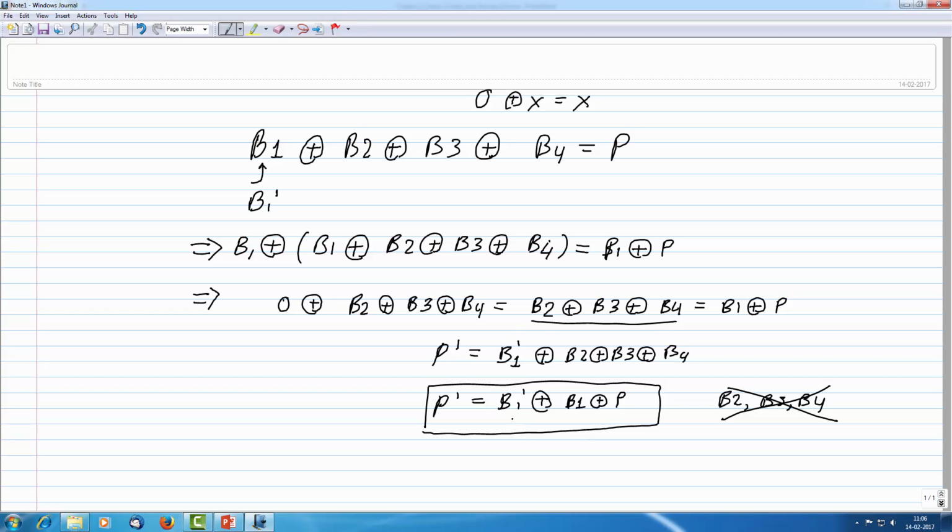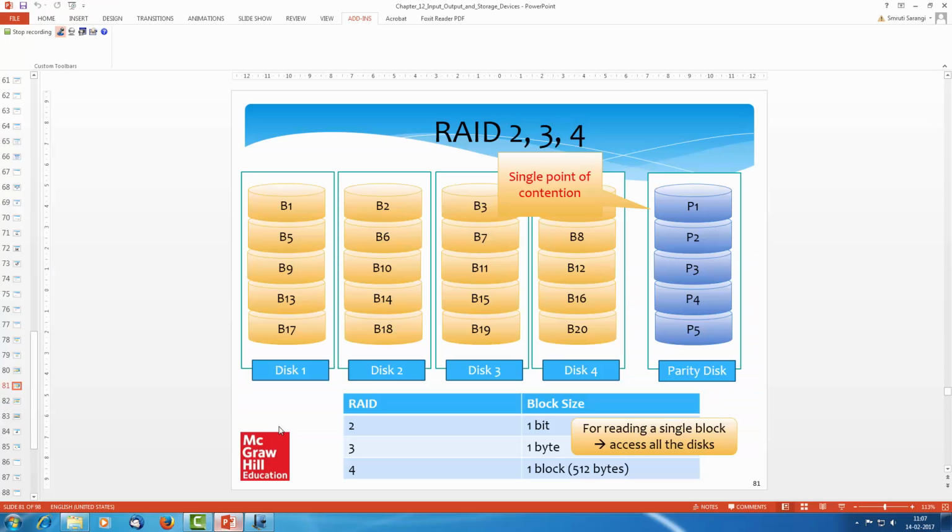So for that, we have kept our block size large enough, 512 bytes. And to compute the new parity, it is not necessary to read the rest of the disks. We just read the old value of the parity on the parity disk, the new and old contents of the block that is being written to, and compute the new parity, which of course has to be written to the parity disk.